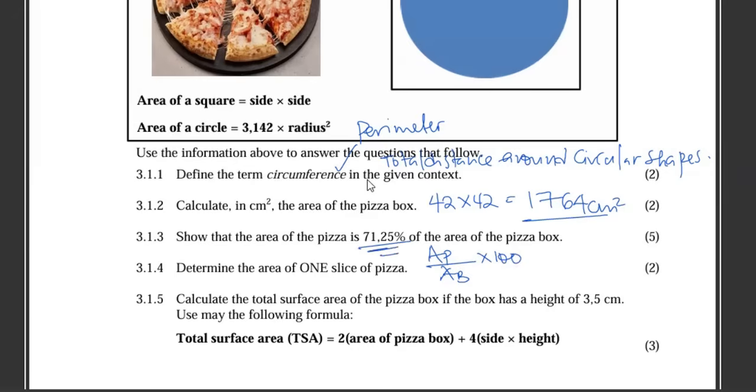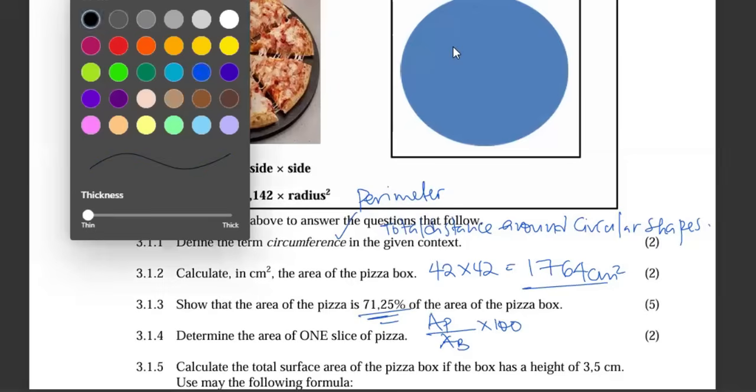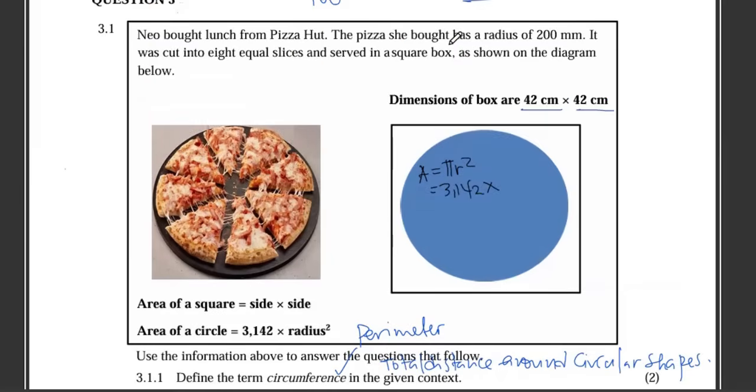So the area of the pizza is pi r squared. So it becomes 3.142 times, what is the radius? It's supposed to be in centimeters squared, so you divide by 10.